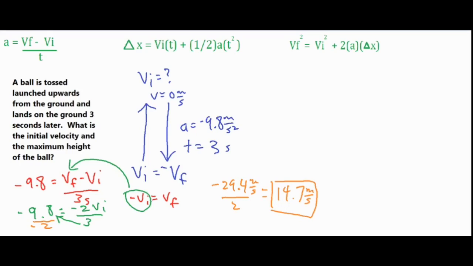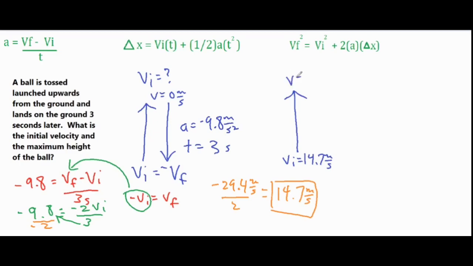So you definitely had to know your concepts very well in order to solve for that one, especially using this little substitution right here. Now for the second part of the problem, we want to find out what is the maximum height. So we only want to go from the bottom to the top. We now know that our initial velocity is 14.7 meters per second. So that's really helpful.